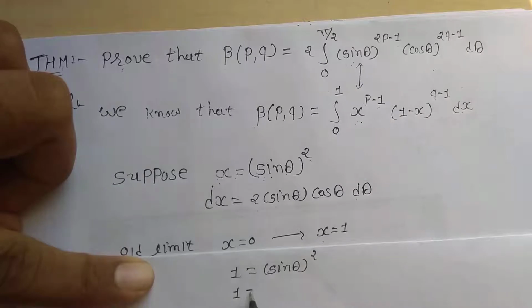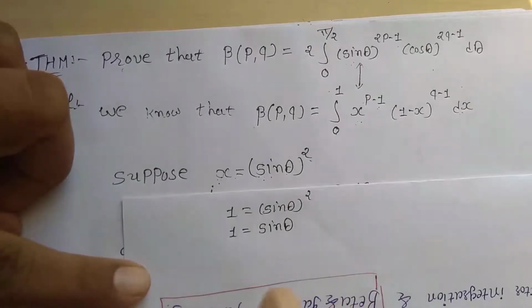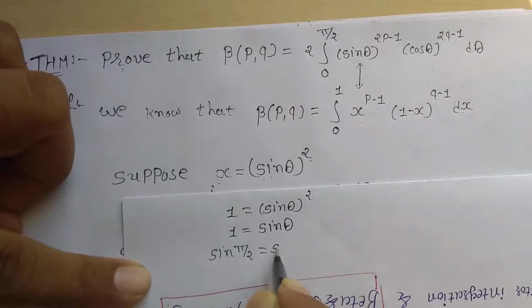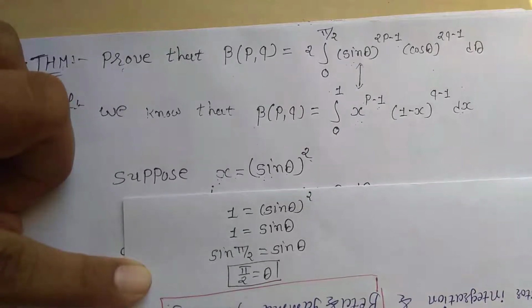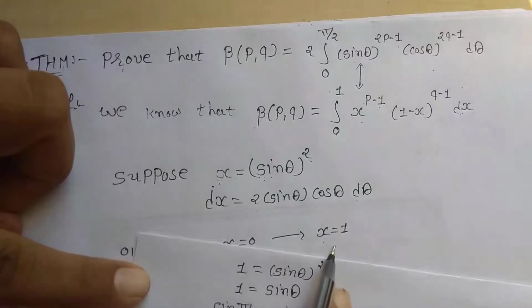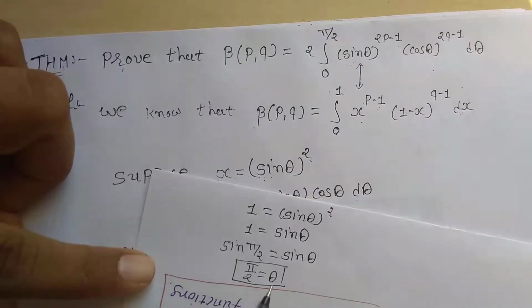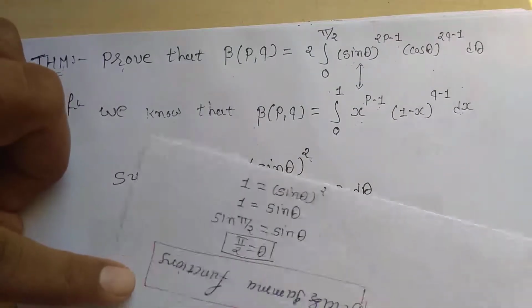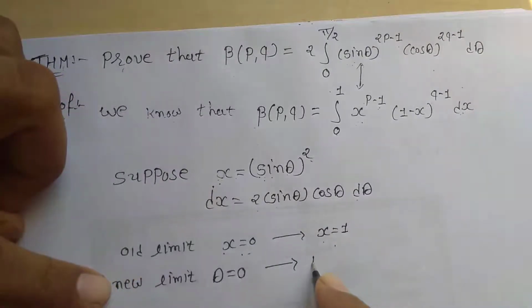Therefore 1 is equal to sin theta, and 1 is written as sin pi by 2, equal to sin theta. Therefore pi by 2 equal to theta. That means x equal to 1, then theta equal to pi by 2. So now the new limit is theta equal to pi by 2.